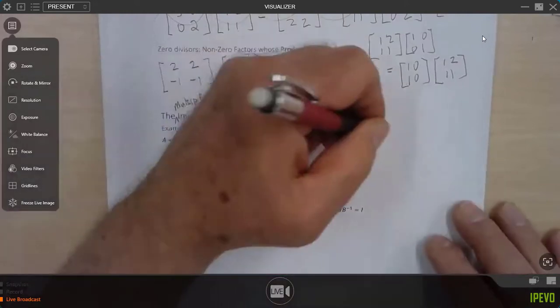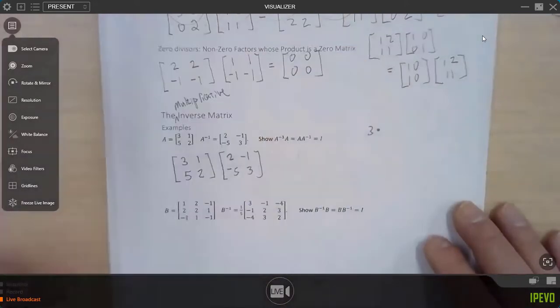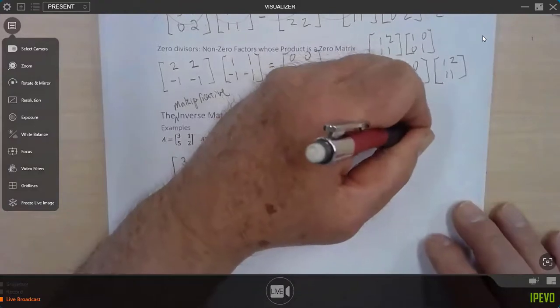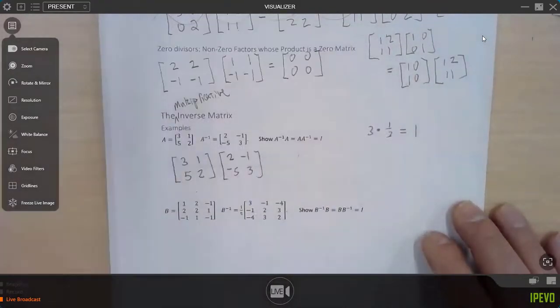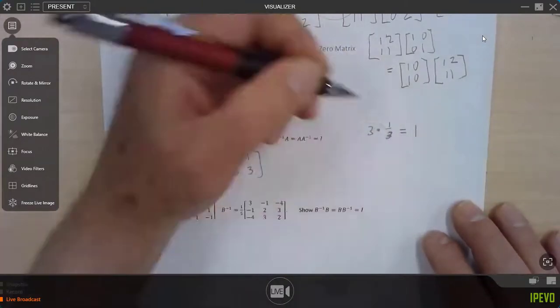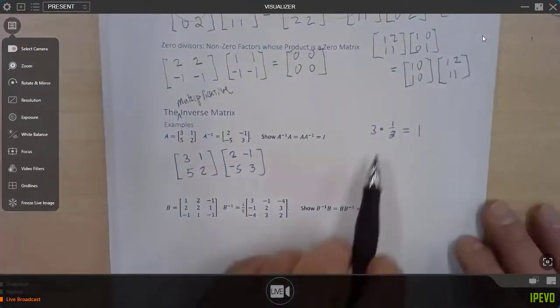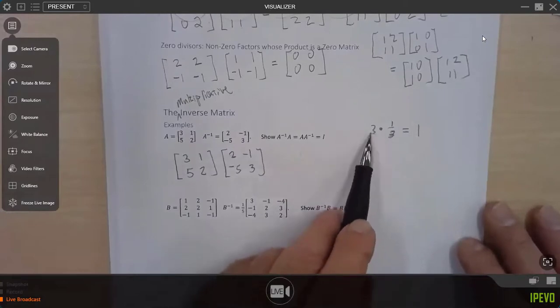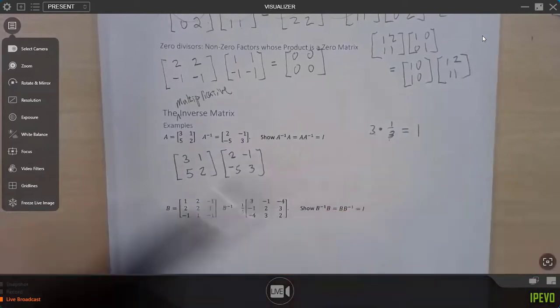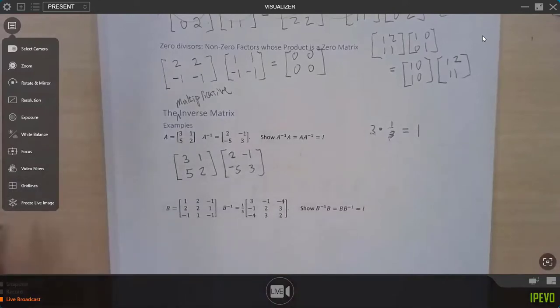Let's just take real numbers. Is there something I can multiply 3 by to get to the multiplicative identity? Well, sure, I can multiply it by a third. And so you could say 1/3 is the multiplicative inverse of 3. Or you could say that 3 is the multiplicative inverse of 1/3. Both of those are true.